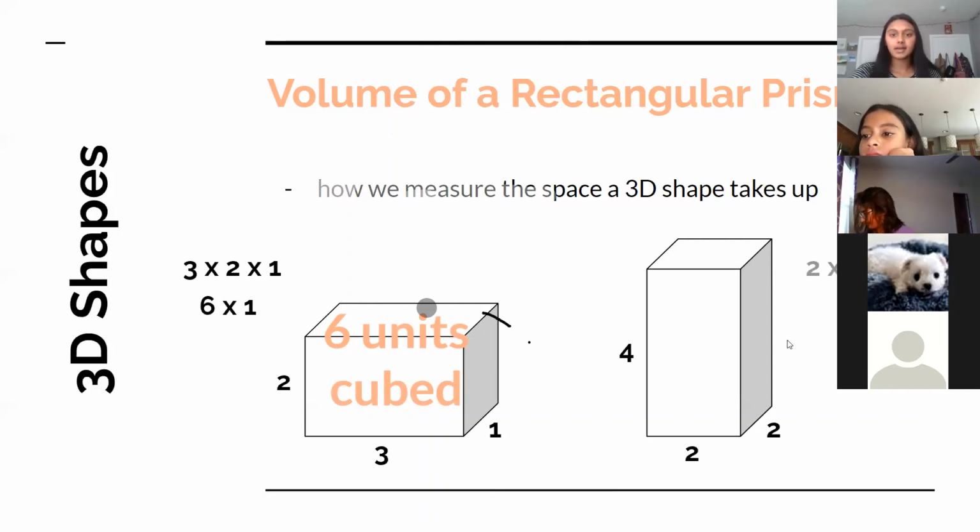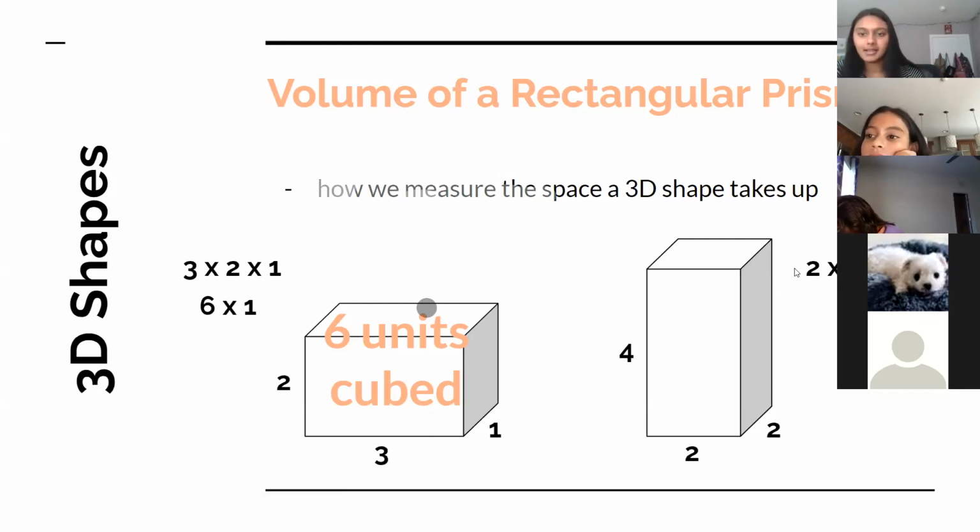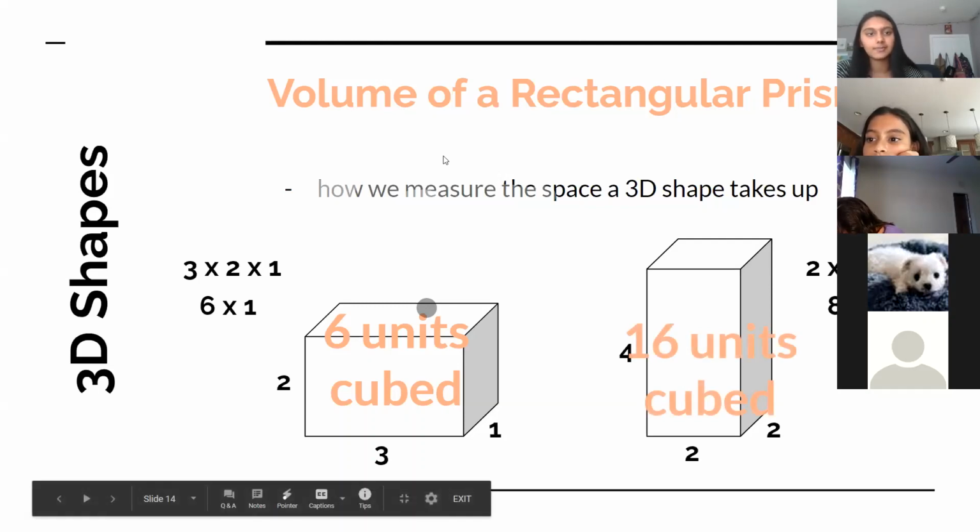Now, this other one, we're going to do the length times the width times the height again, so 2 times 4 times 2. And you can do these in any order, so it doesn't really matter. So we do 2 times 4 first, which is 8, then 8 times 2, which is 16 units cubed.